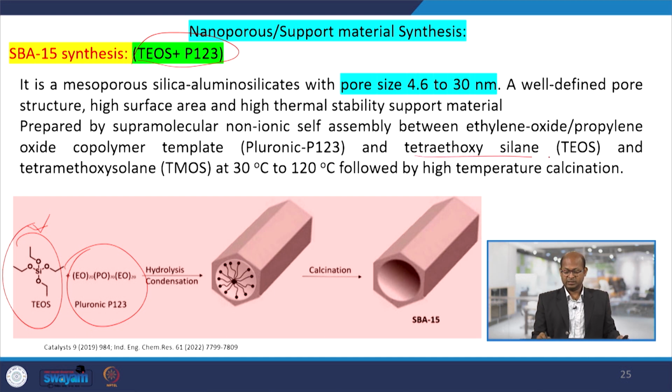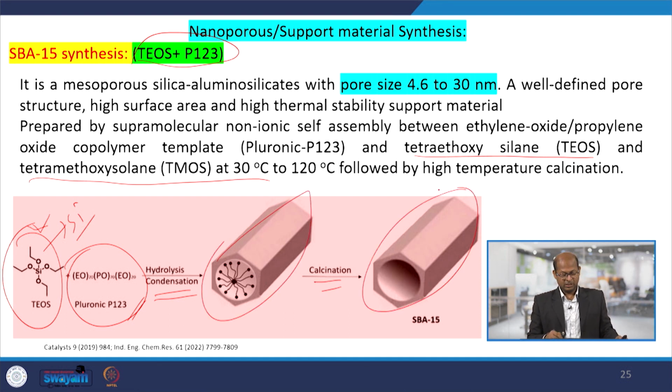TEOS is tetraethyl orthosilicate, the source of silica, and these are surfactants. Through hydrolysis and condensation this type of structure forms, and after calcination only the silica units, SiO2, remain. That is called SBA-15.